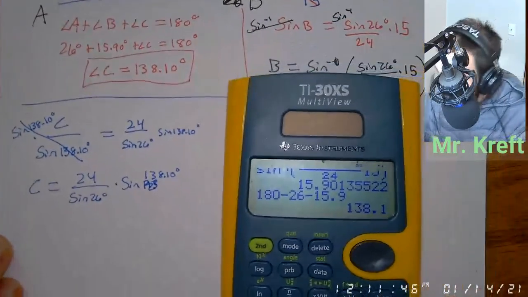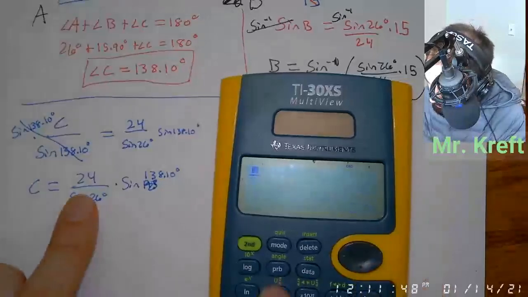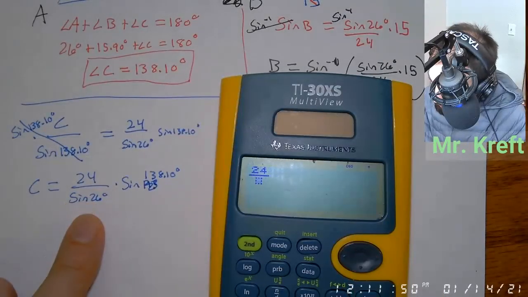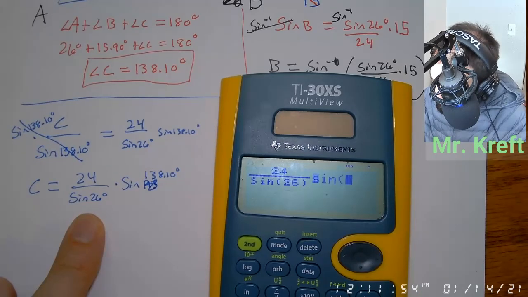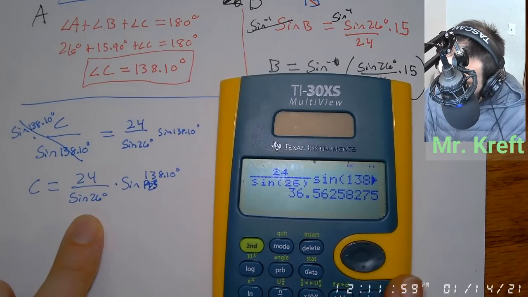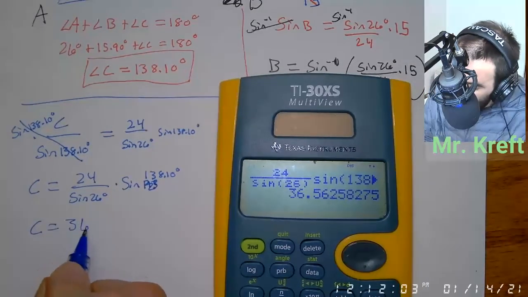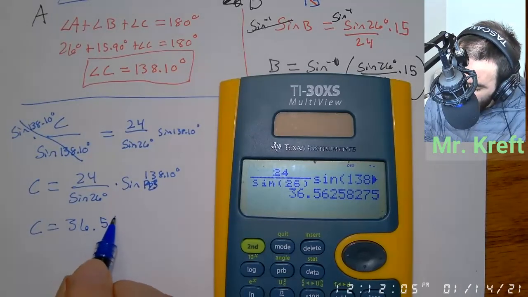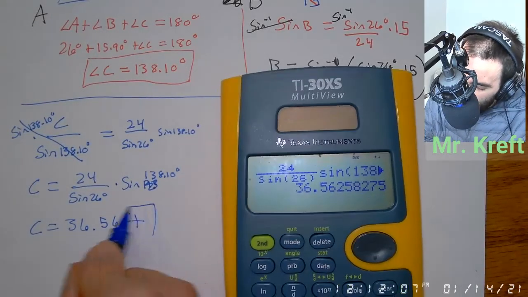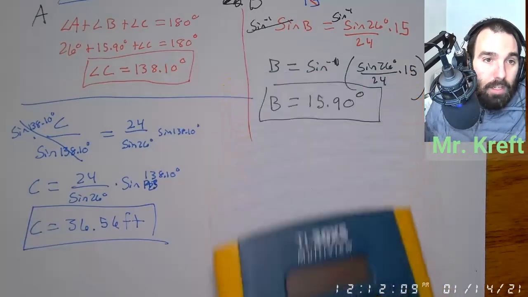So I grab my calculator. I go fraction 24 over sine of 26 degrees times sine of 138.10 degrees. And I get C equals, and I'm in feet, so 36.56 feet. And there we go.